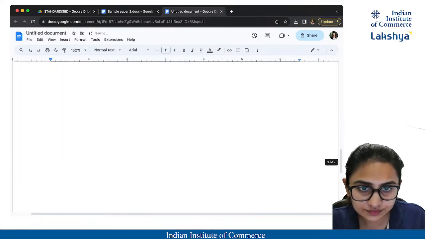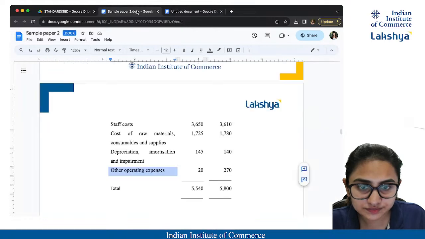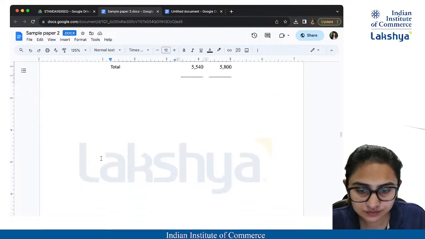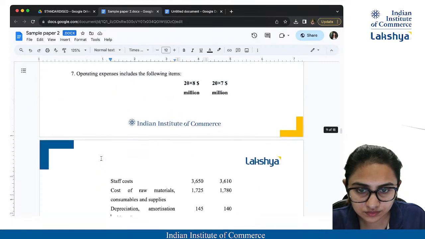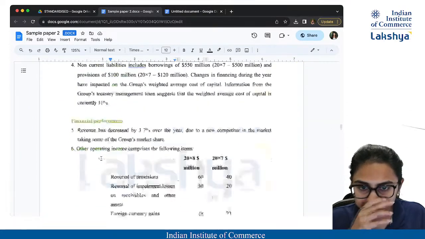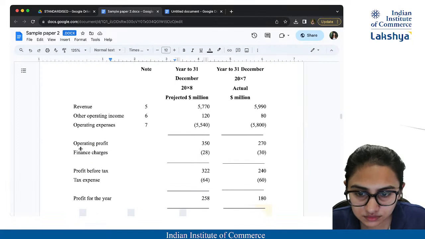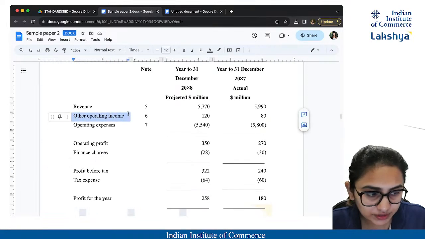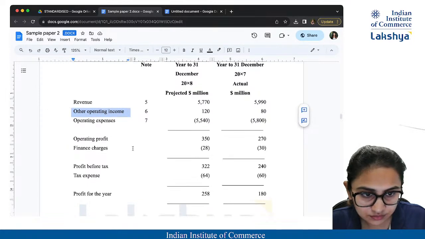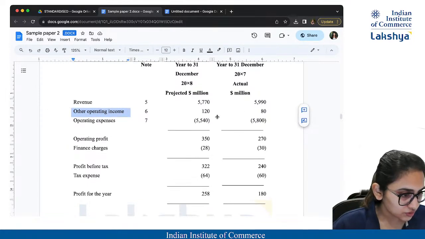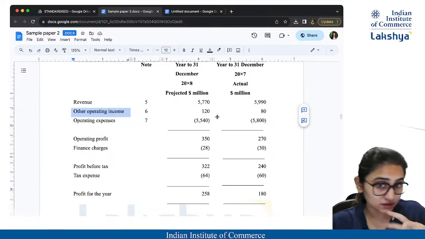Then next, about what I can talk. The operating income. How much is the change? 50% is the increase.